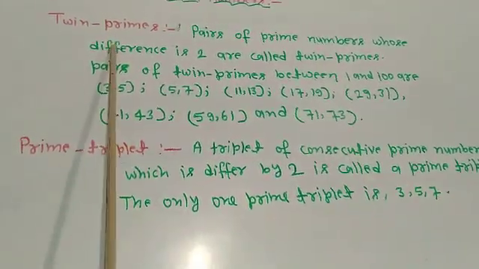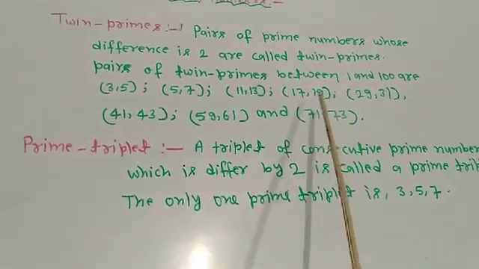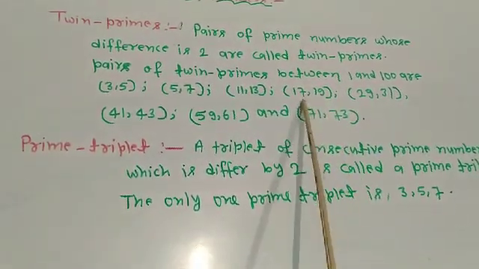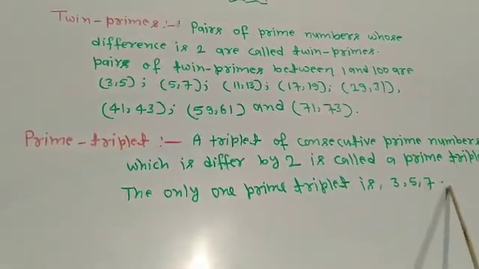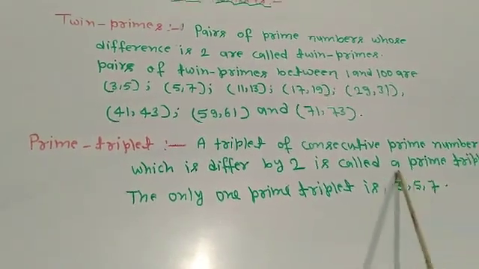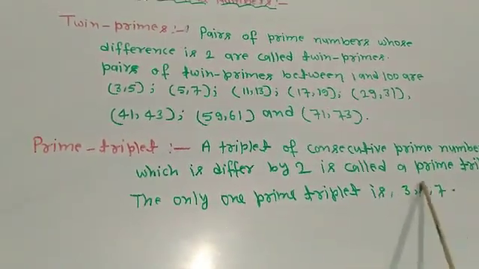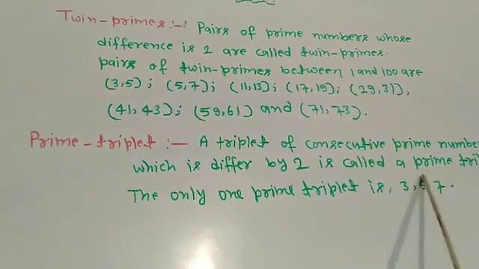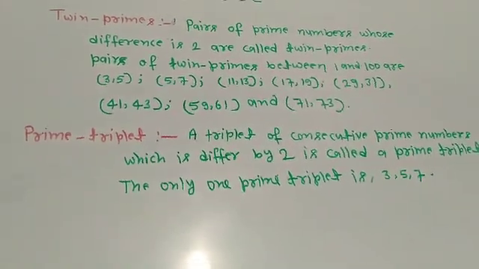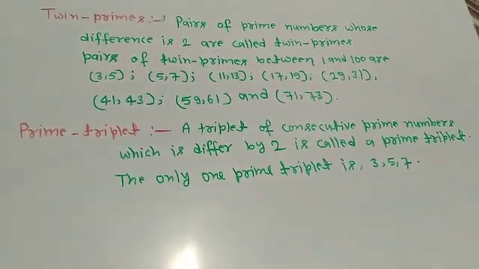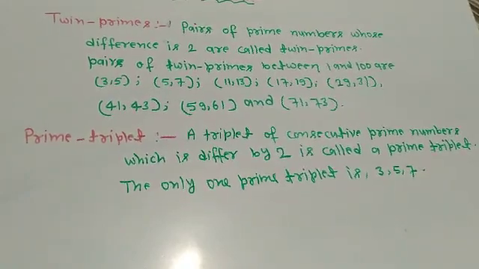In twin primes, we have a pair of 2 prime numbers which differ by 2. In this world, only one single group is a prime triplet: 3, 5, 7. Okay, so I hope all of you understood.